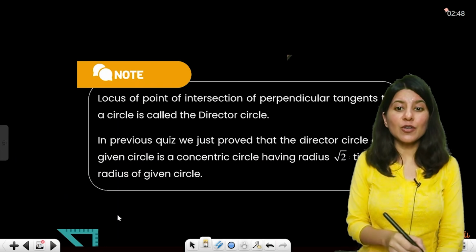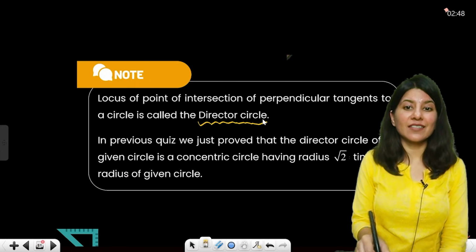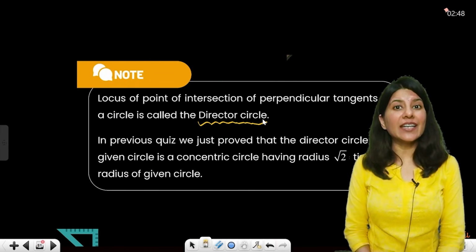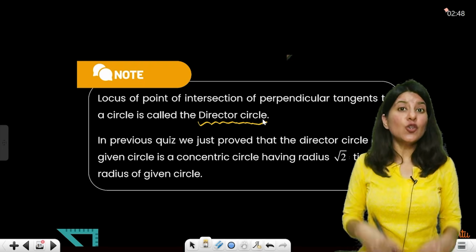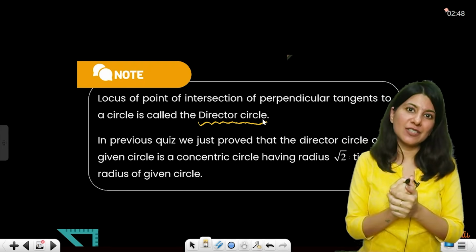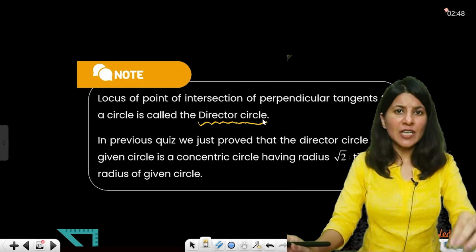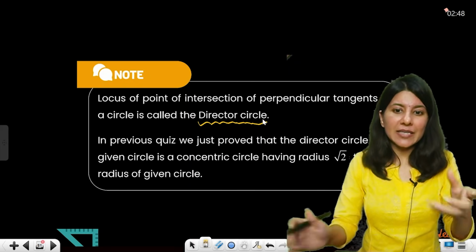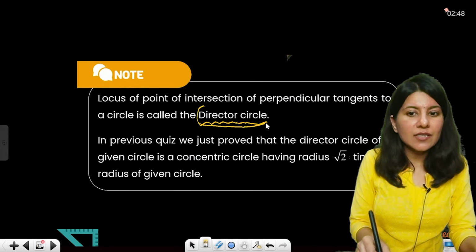And here comes the concept of director circle, my dear students. A director circle is the locus of the point of intersection of perpendicular tangents of any curve.